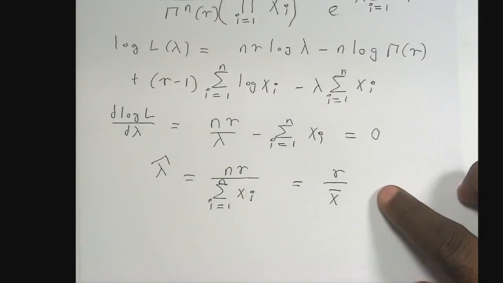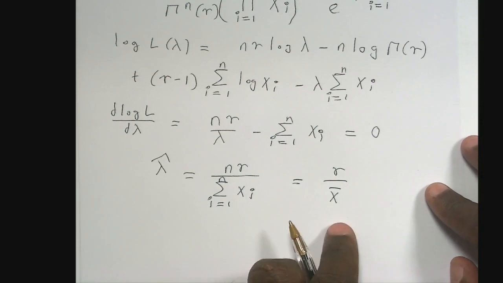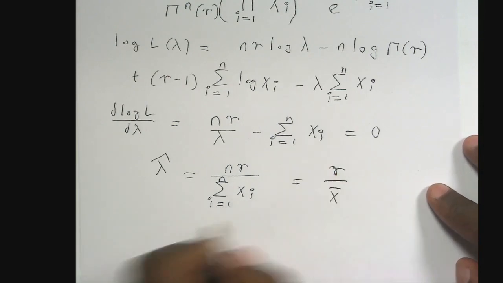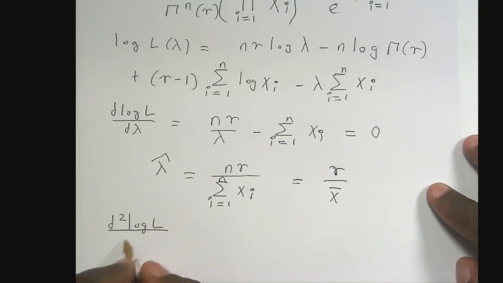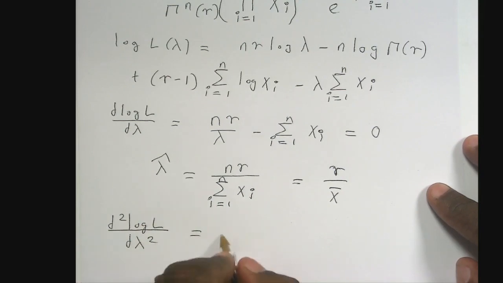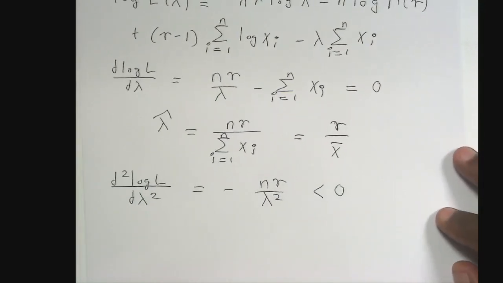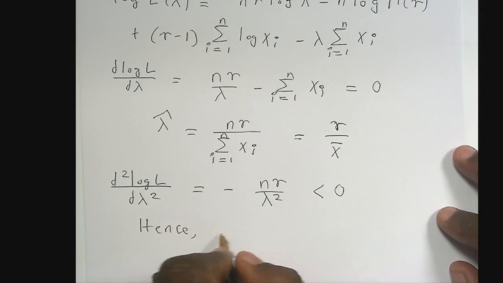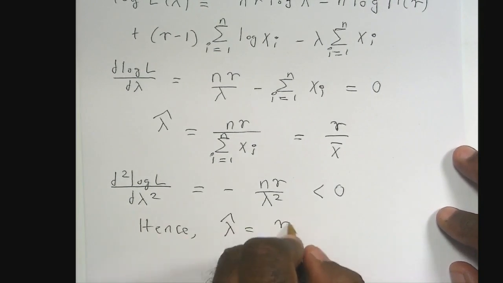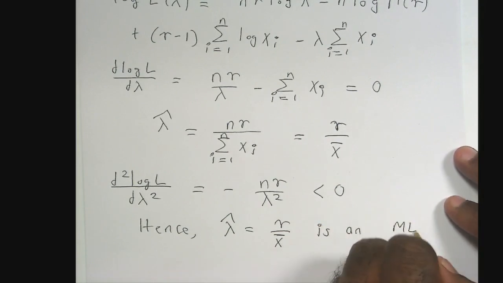Now, because this is a one parameter case, you need to make sure that this is an MLE. You just do the second order derivative, which is minus nr, which is of course negative all the time, and hence lambda hat equal to this is an MLE.